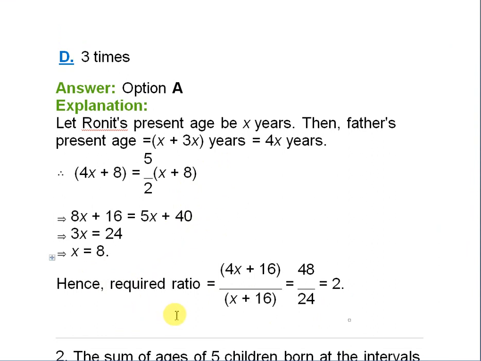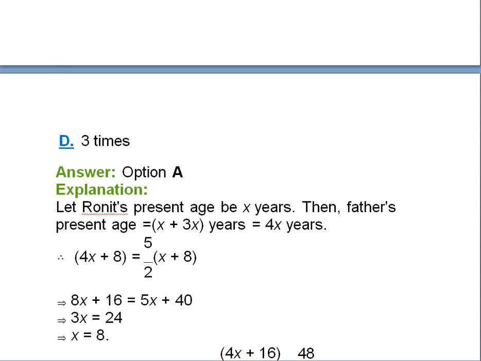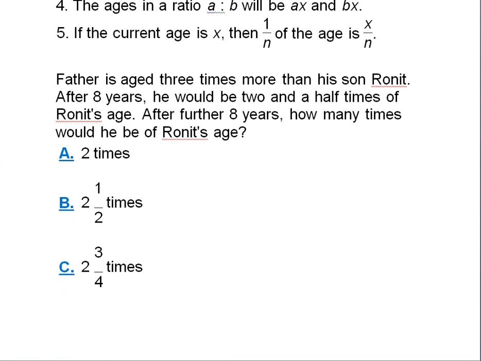So the required ratio would be 4x plus 16 divided by x plus 16. You will simply put the value of x here, which is 4, and you will get the answer as 32 divided by 20. So the present age of Ronit is 4 years.